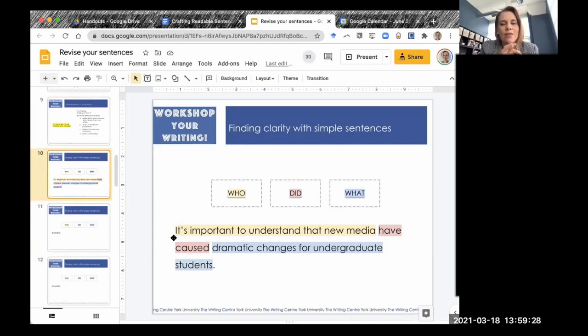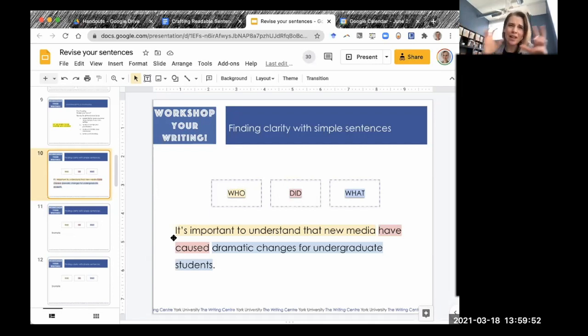Before you can write grammatically with confidence, you need to understand the basics of an English simple sentence. Essentially, the English simple sentence has a subject, a who, a verb, which is my did here, and sometimes, often in academic writing, a what, an object. So who did what?